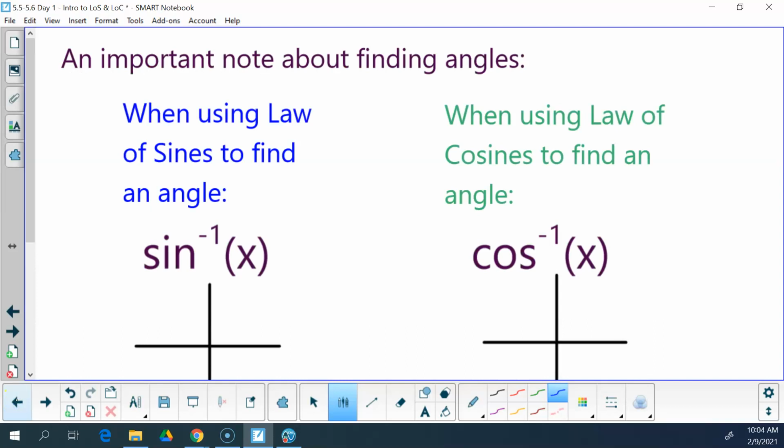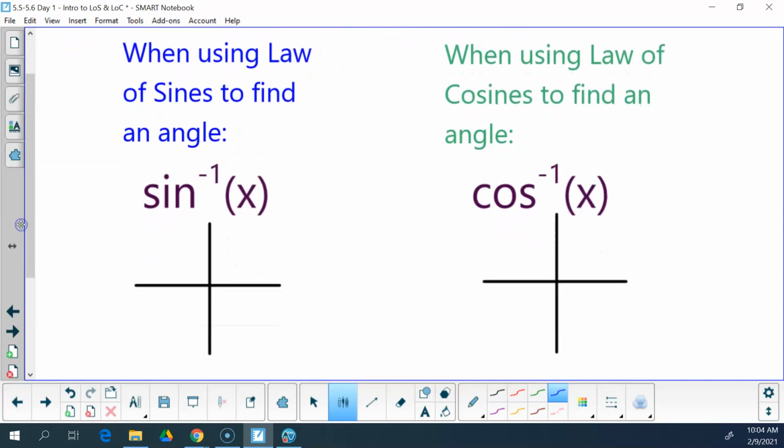The reason for that is, back before Christmas, I believe, we were finding the law of sines. We were looking here in the right half of the unit circle, in quadrant 1 and quadrant 4 for our angles. Well, quadrant 4 are negative angle values, right?